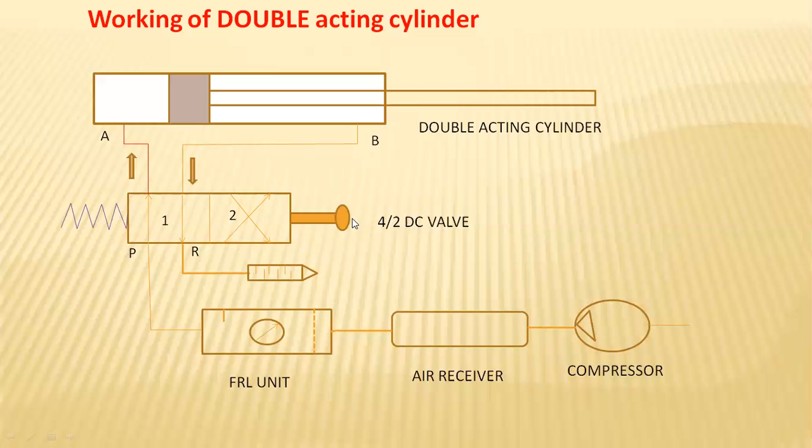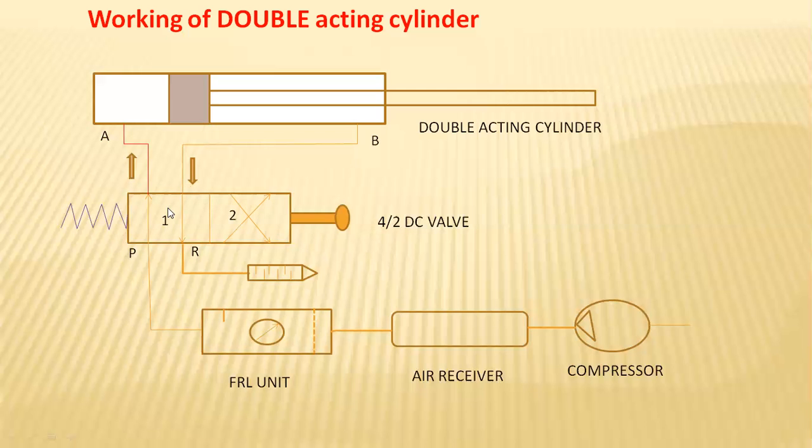If the DCV is to commence the second motion, that is the return direction or counter motion, the push button is pressed and force is applied. When it is applied, the spring is compressed, and these are the hose pipes commonly existing.